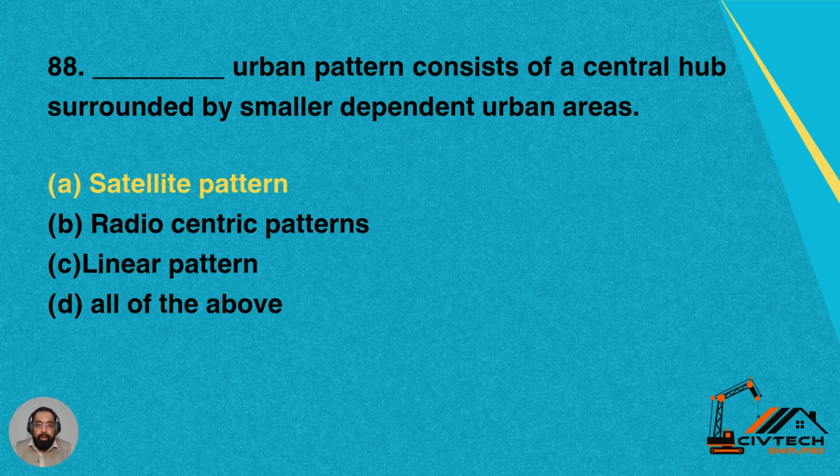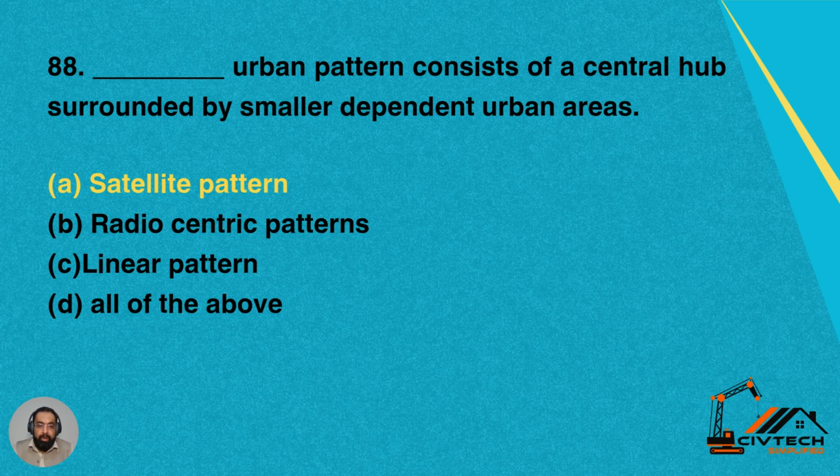Question 88. Dash urban pattern consists of a central hub surrounded by smaller dependent urban areas. So which pattern has this definition? Smaller areas are dependent on those major central districts or hubs.